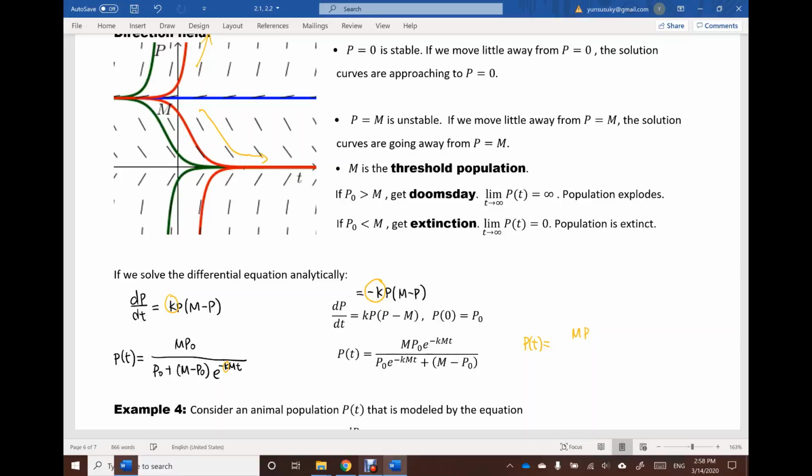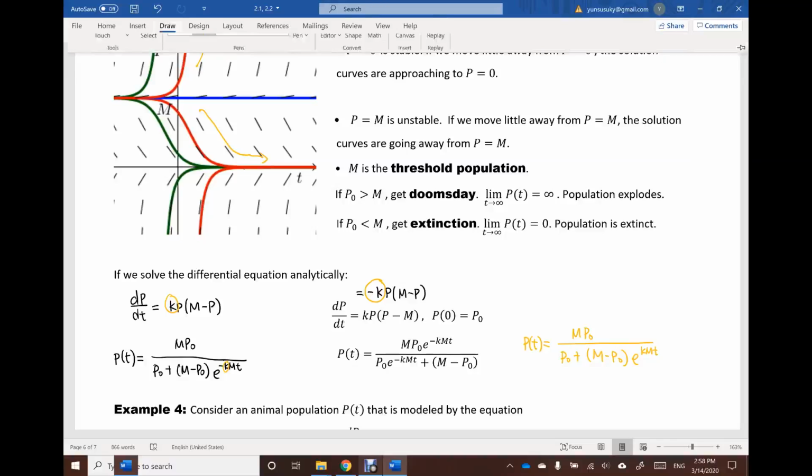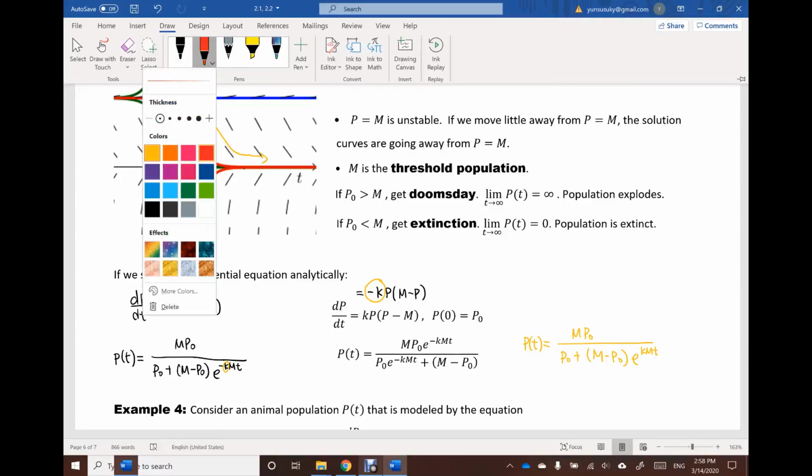So our new formula is P(t) equals M P0 over P0 plus (M minus P0) e to the kMt, because we replace k by minus k, then minus kMt becomes kMt. You might ask whether this is the same as the current formula. Yes, they're the same.